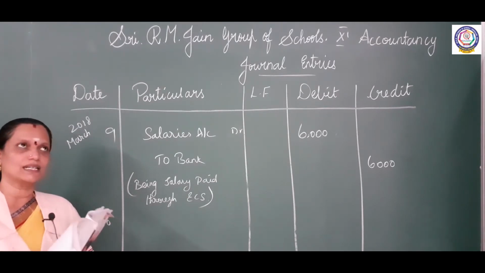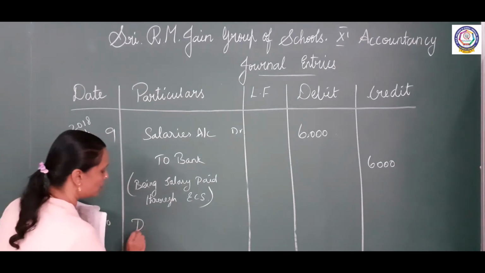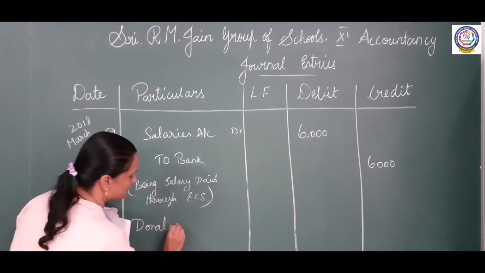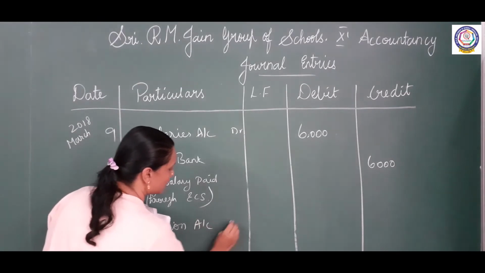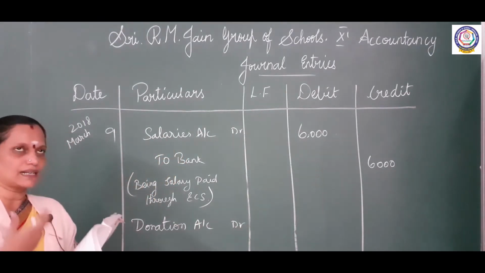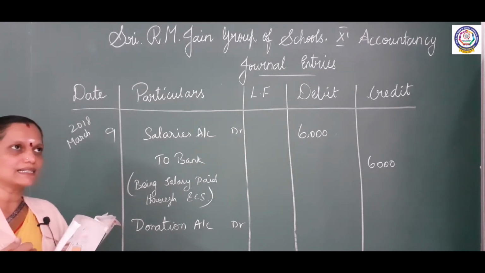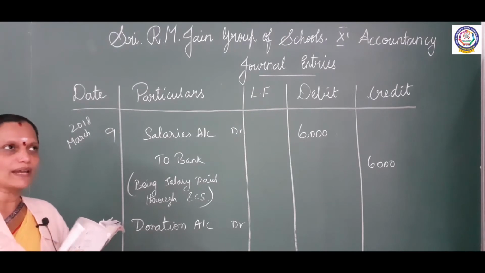So donation is also an expense we can say. Donation account debtor, and as a trust he is giving to the trust only. So you can consider it as a drawing. Drawing in the sense he is taking for personal use.